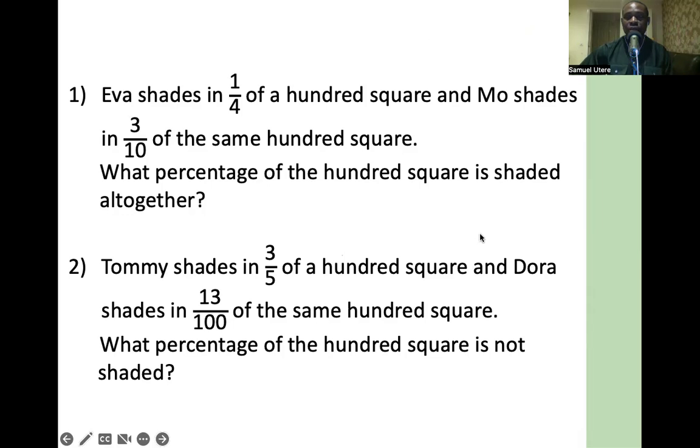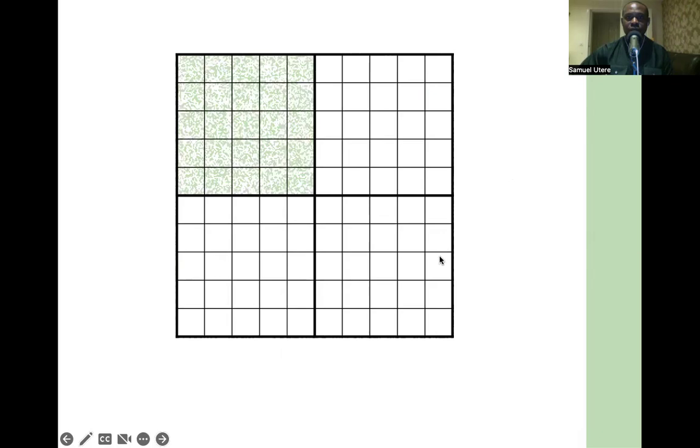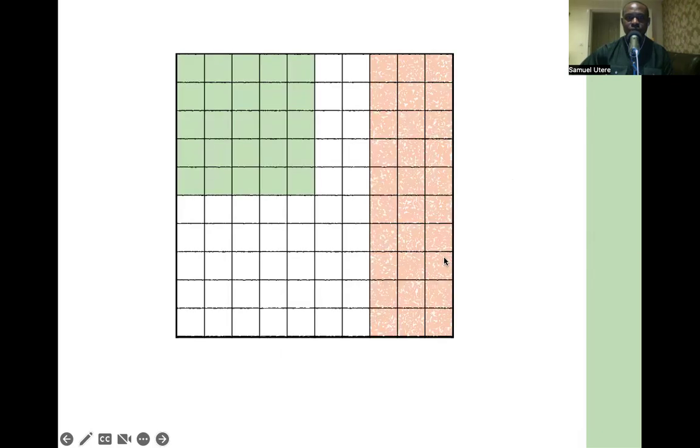So if we have 25 squares plus 30 squares, it means we have 55 hundredths, which is 55%. And here is the answer for that one that I just discussed.